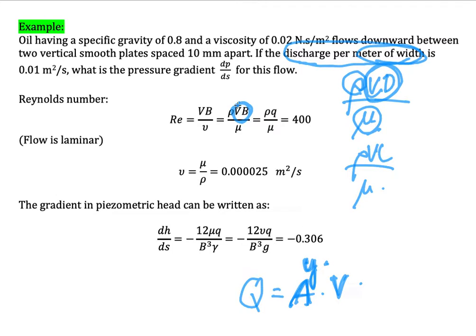V is the velocity, and B here is actually the depth, the height of the vertical space, 10 millimeter apart. We substitute the value 0.01 for Q, and you will get 400. It is less than 1000, so we assume it is laminar.